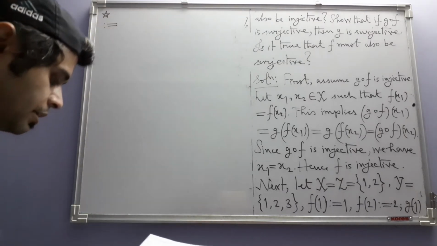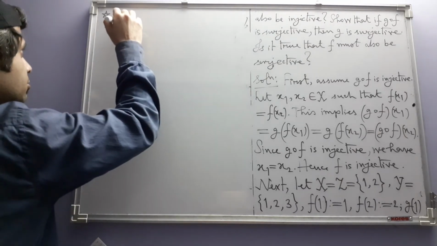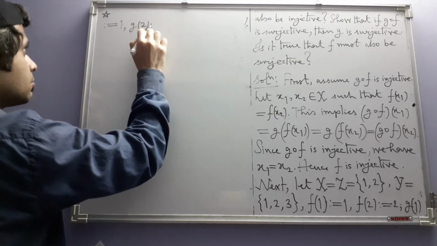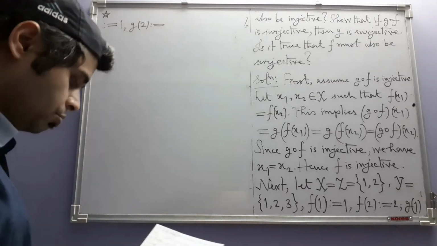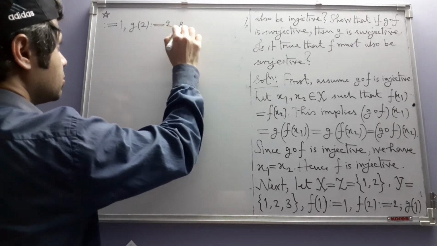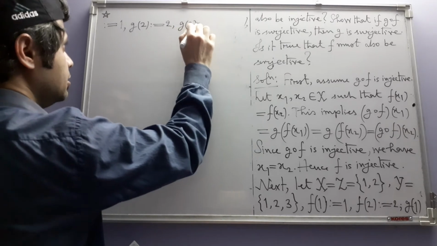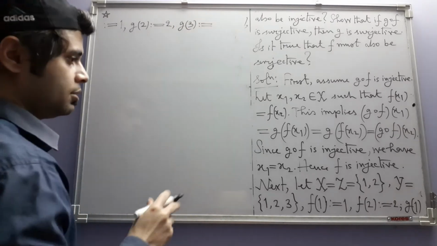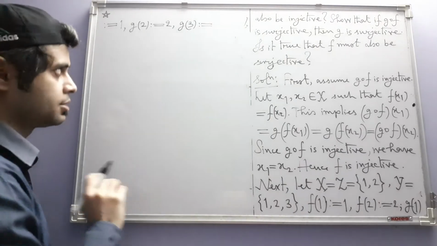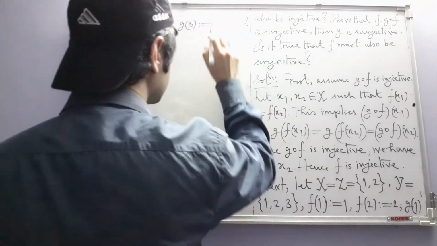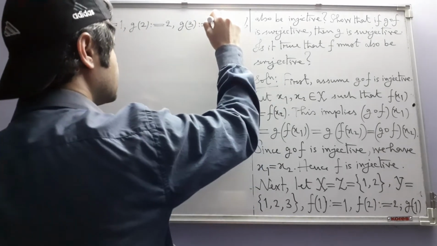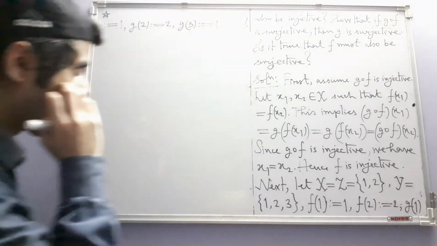So g of 1 is also defined to be equal to 1. g of 2 is defined to be equal to 2. And g of 3, because in the domain of g, which is Y, we also have 3, unlike the domain of f, which is X, which has only 2 points. And g of 3 is equal to 1. Okay.